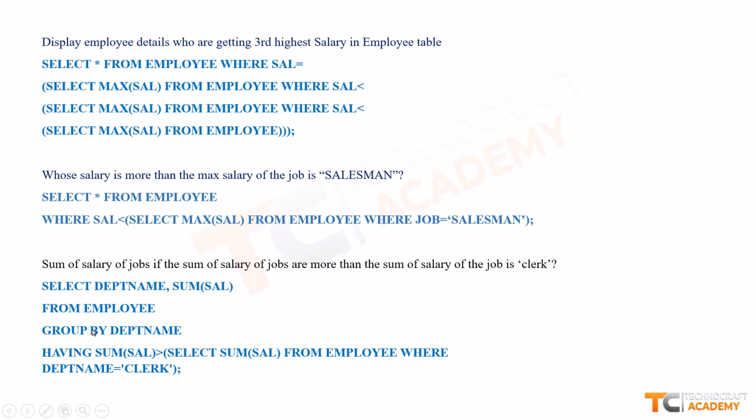So we are going to group it by department name, based upon the job of those working as a clerk, and then we are going to provide a condition here, having the sum of salary which is greater than the sum of salary. We are providing a subquery here inside a having clause.